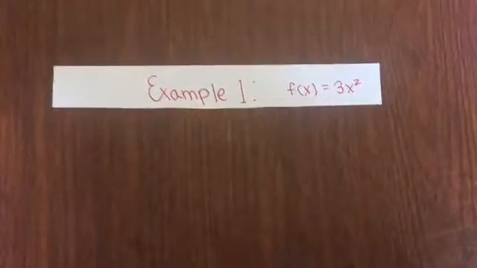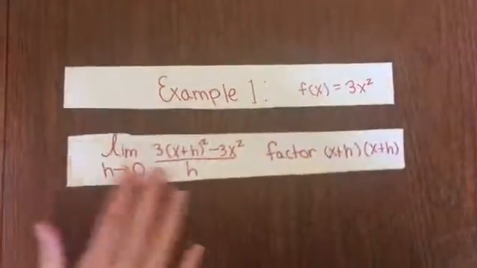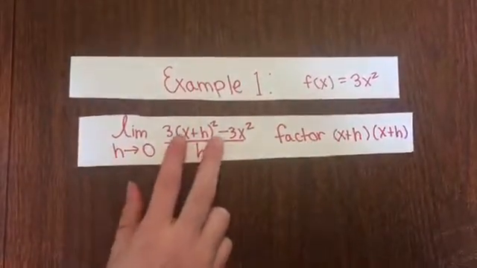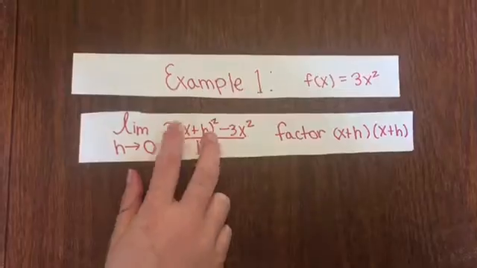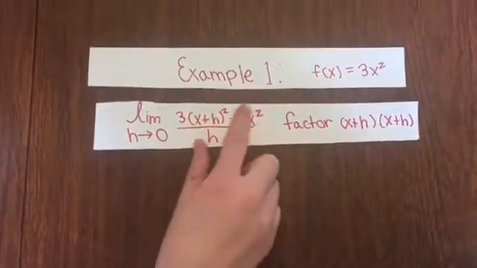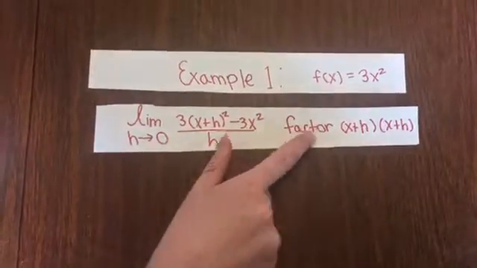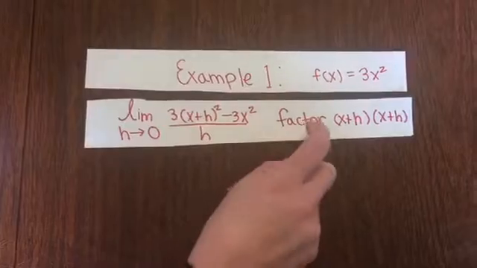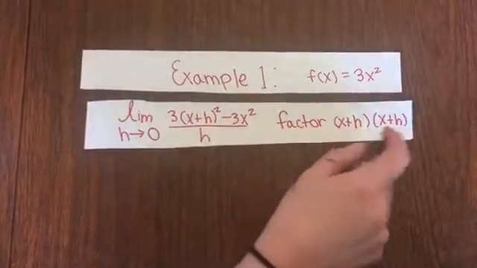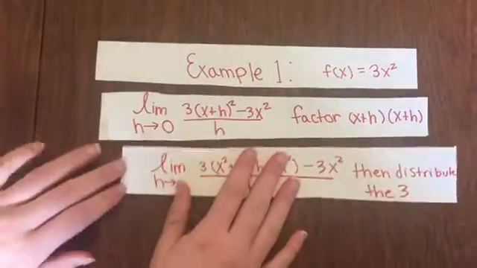Okay, so this is example 1, fx equals 3x squared. So the first thing you're going to do is plug in x plus h for the term, which is one term, and then you're going to have the minus 3x squared over h. So the first step, after you've plugged everything in, is you factor the x plus h and x plus h, which looks like this.